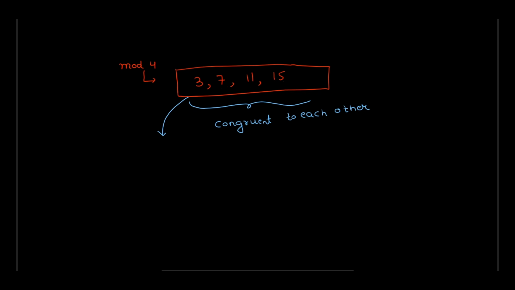So in mathematical terms, it's known as producing the same residue class when divided by m.